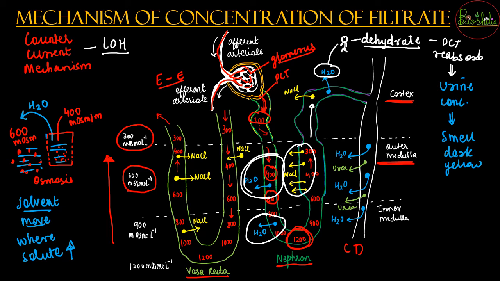And sometimes from the urine, a little amount of urea is going to move out from the collecting duct. Now, why is the urea moving out? The urea is moving out to form the medullary interstitium osmolarity.